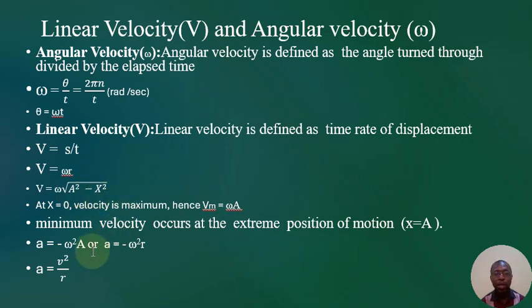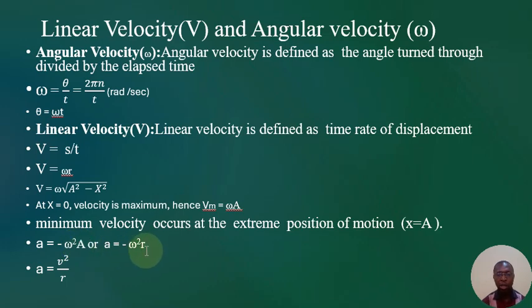All right. Now, another formula that we need to know, relating linear velocity, angular velocity, and acceleration, is this: acceleration equals minus omega squared a, or acceleration equals minus omega squared r. Remember I said that a can be substituted for r.